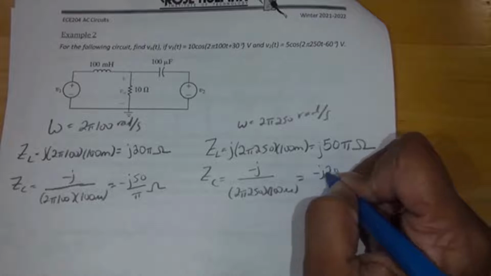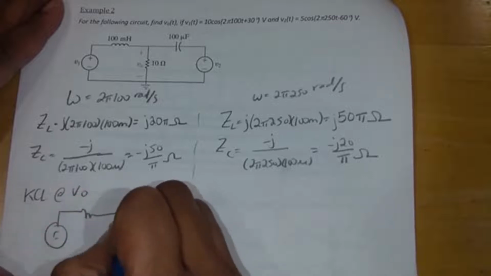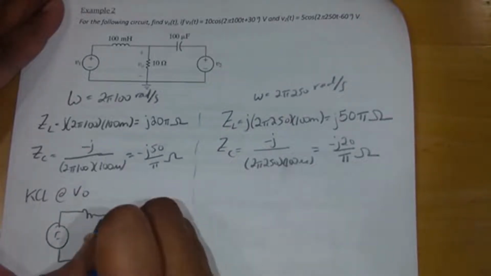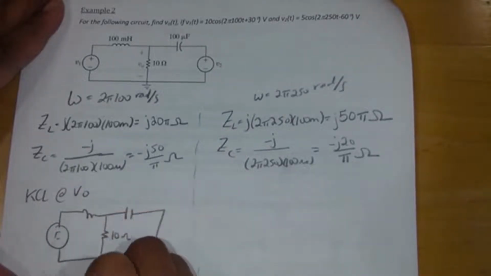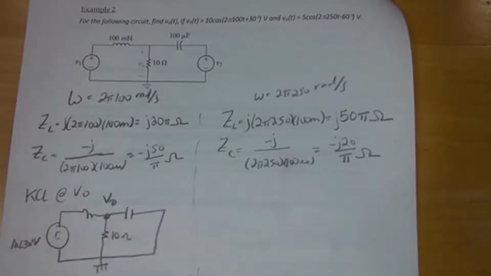Let's draw the circuit with only the left source on. The value of the left source is 10 angle 30 degrees, j 20 pi ohms for the inductor, negative j 50 over pi ohms for the capacitor, and 10 ohms for the resistor.